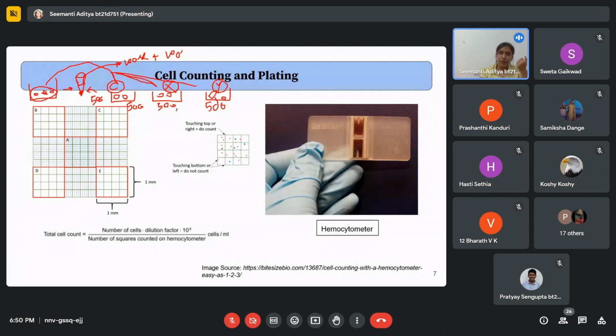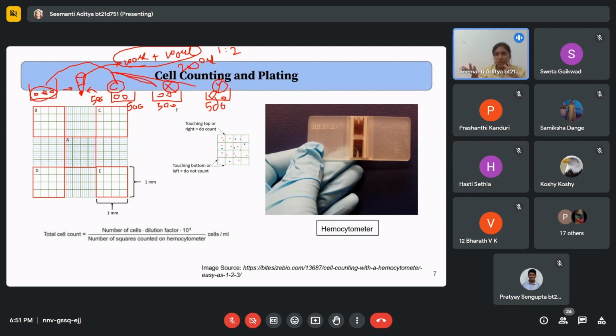When we put 100 microliter of trypan blue, that means we are diluting the mixture 1:2, because now the total volume of this mixture is 200 microliter, out of which only 100 microliter has the cells. Depending upon how much cell suspension and how much trypan blue you add, the dilution changes. Suppose you add 100 microliter of cells and 500 microliter of trypan blue, then the dilution is 1:6.